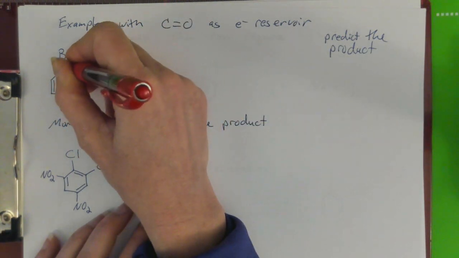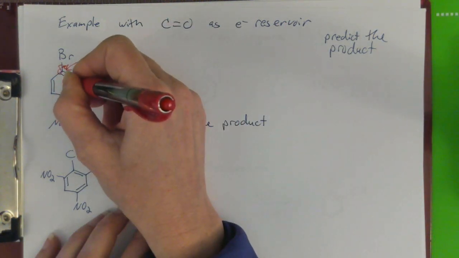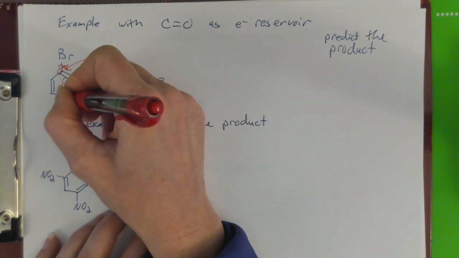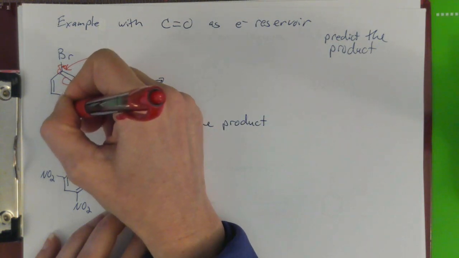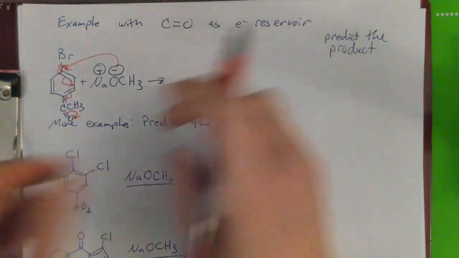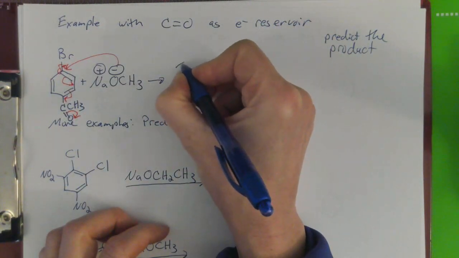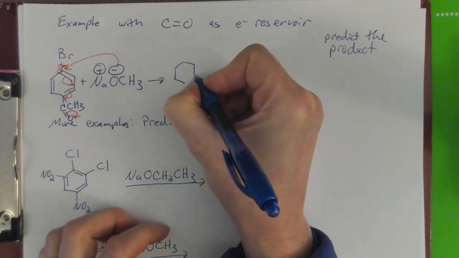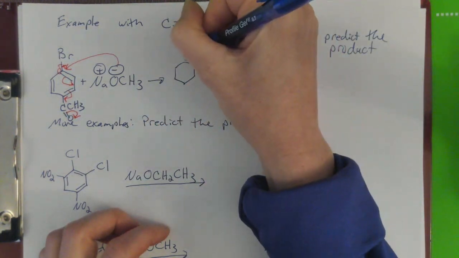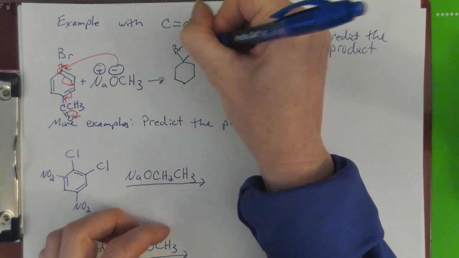Attack at this position here. And I'm going to bump these here, bump this here, and then bump this up here so that I'll draw one of the resonance contributors. You can go back and draw the rest if you want, but I'm just trying to get to my product as quickly as possible. That's why I'm going really fast.